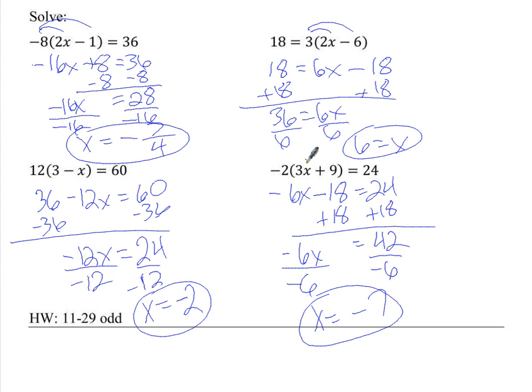Negative 7 times 3 would be negative 21 plus 9. You owe me $21. You pay me back $9. How much do you owe me? $12. So that means this is negative 12 times negative 2, which is positive 24. So that's the right answer.